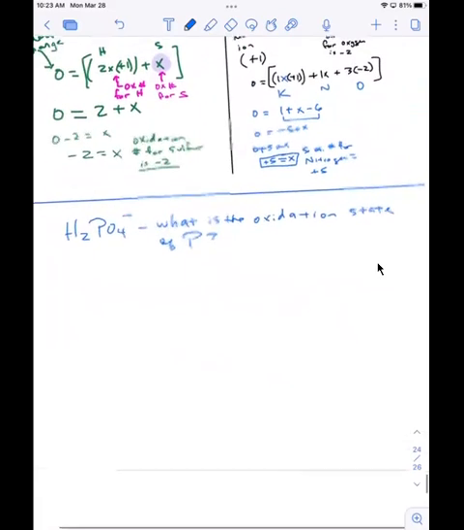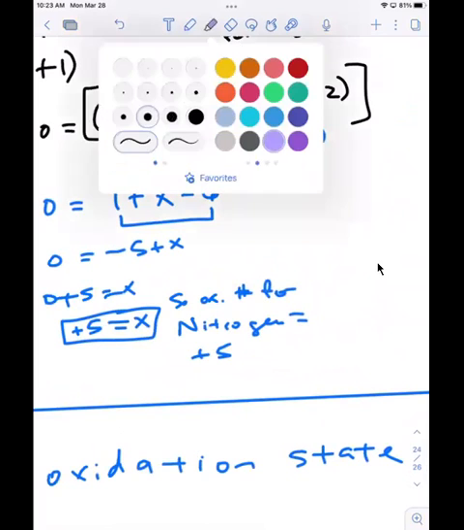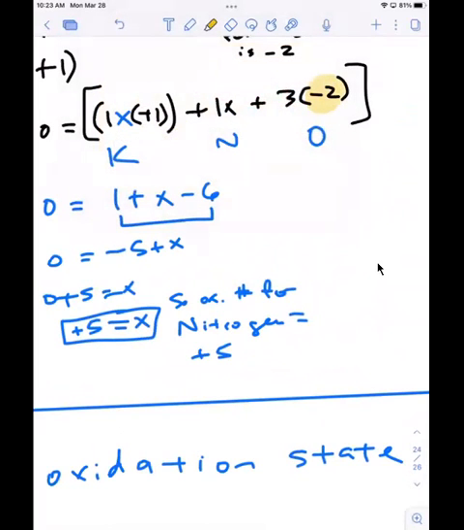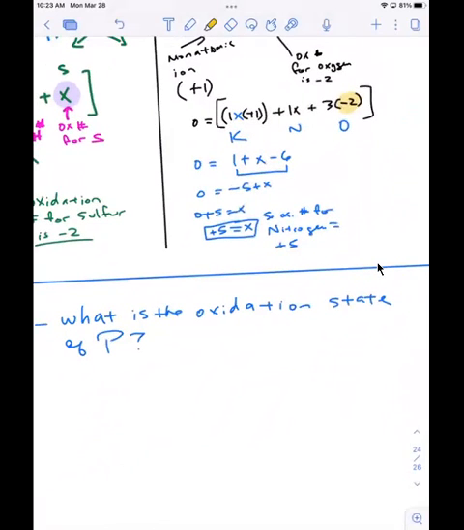What was it over here? Right, oxygen is always -2 if it's just bonded to another atom. If it is by itself as a molecule of oxygen, O2, it's 0. If it's with fluorine, it's positive.